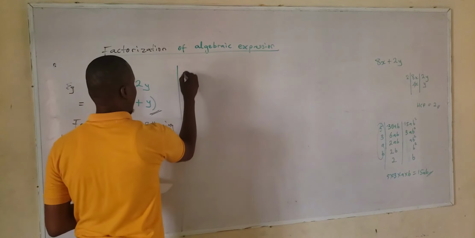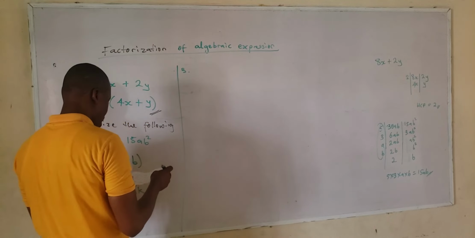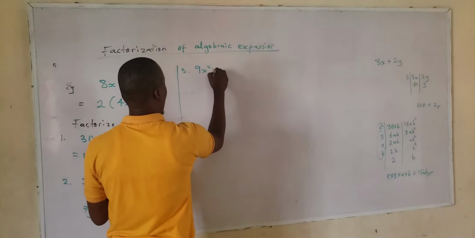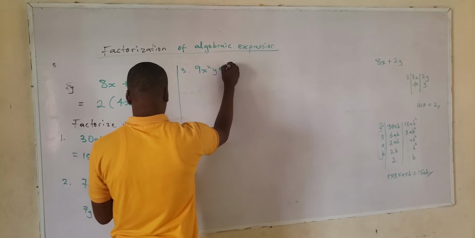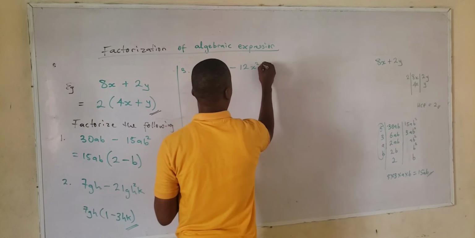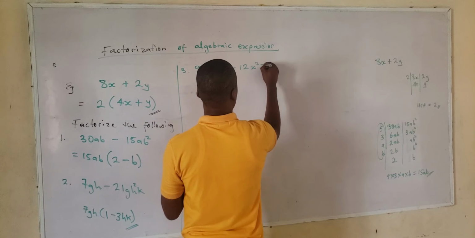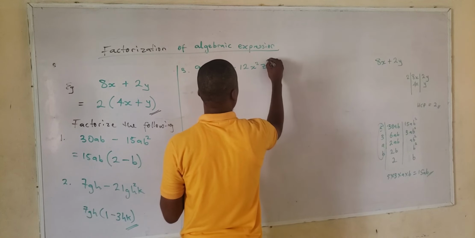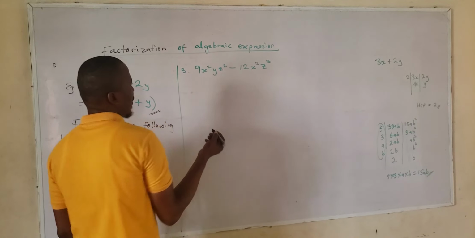So number 3 is 9s squared yz squared minus 12s squared z cubed. Okay, very simple.